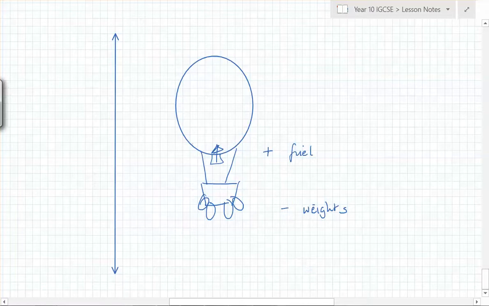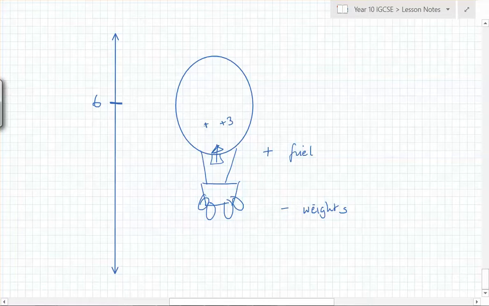Okay? Now, the balloon can start anywhere on the number line. So here's the thing. Here's my starting point. I'm always going to start from that. If I'm at 6, whatever that means, if I add fuel, I add a positive. So I'm going to add +3.